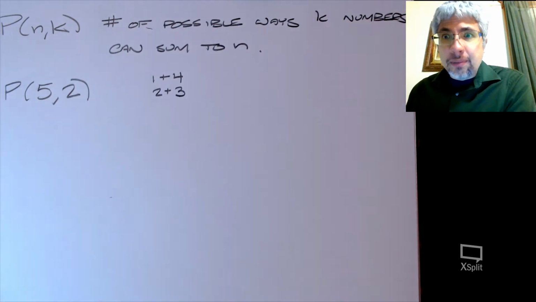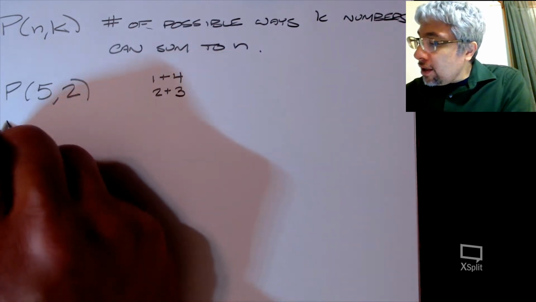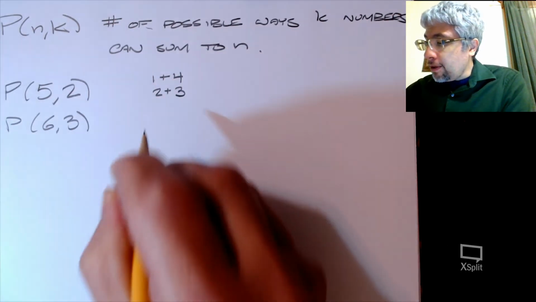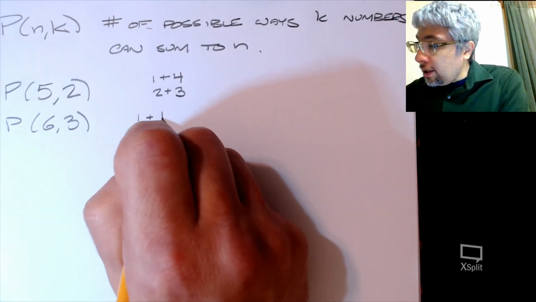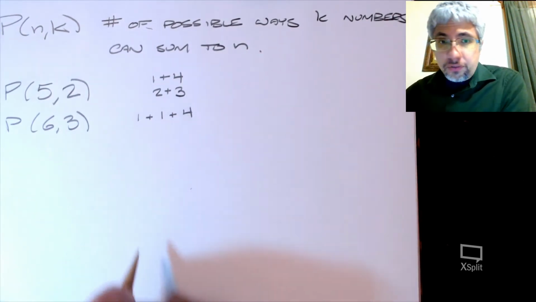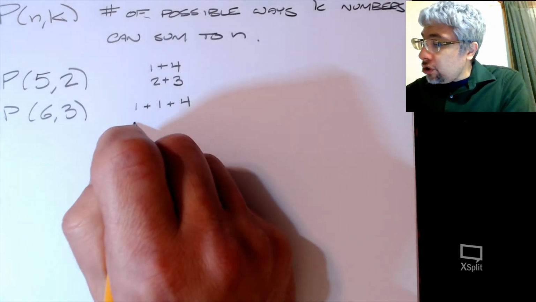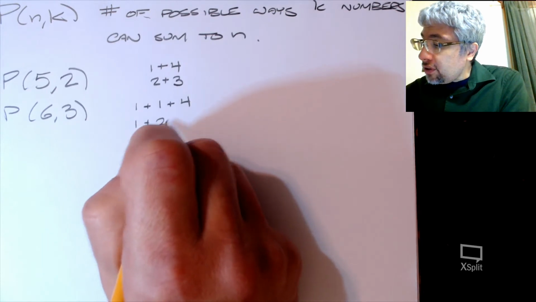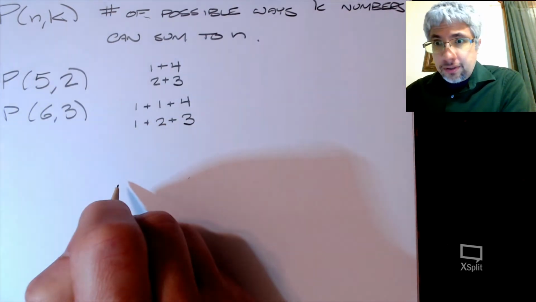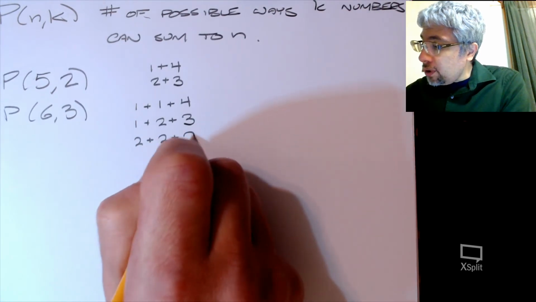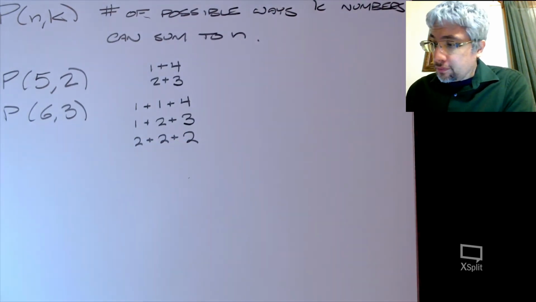So we can always list them in at least non-decreasing order. For P(6, 3), okay, so I can do 1 plus 1 plus 4. And already we have to be a little bit careful here, right? If I do 1 plus 2, I could get plus 3. I can do 2 plus 2 plus 2.